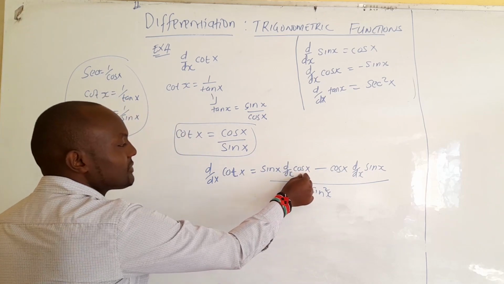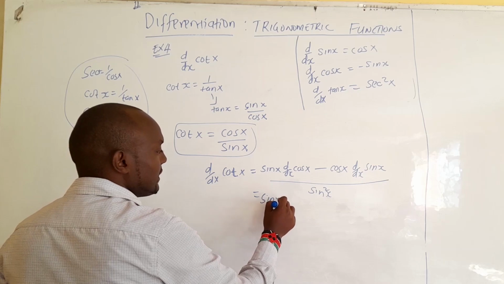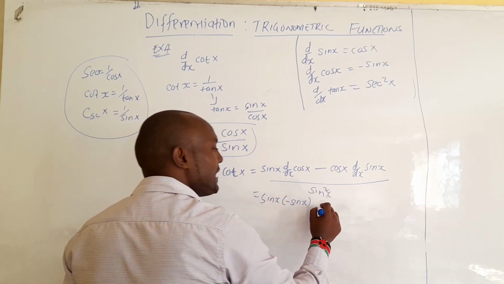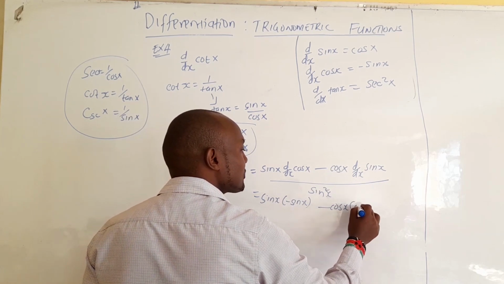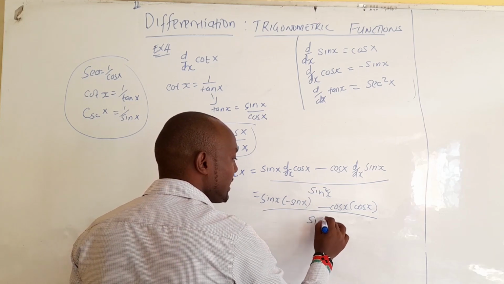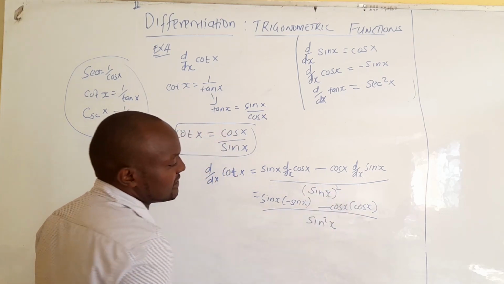So when you differentiate this one, you get negative sin x, sorry for that. You get negative sin x times sin x minus cos x times cos x all over sin squared of x. Because this was sin x squared, it's the same as that one.